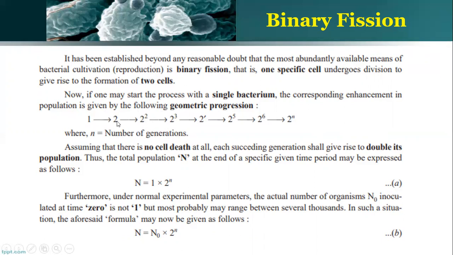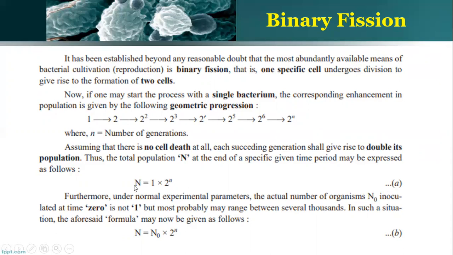and this has been calculated based on the number of organisms inoculated in the medium. So assuming that there is no cell death during the growth of the organism, n is calculated using the formula 1 into 2 power n.